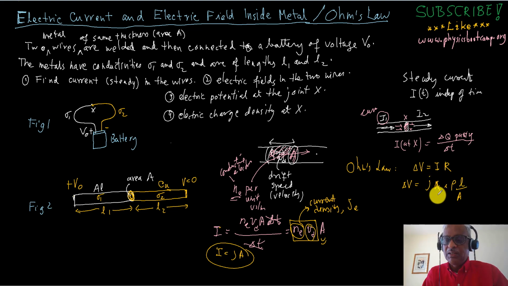This is the resistivity, how long the wire is, how wide the wire is. So resistance is smaller the thicker the wire, and larger the longer the wire.